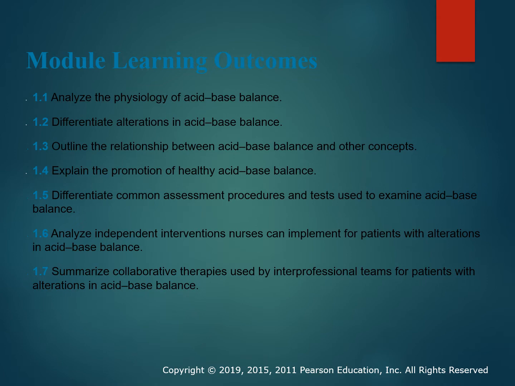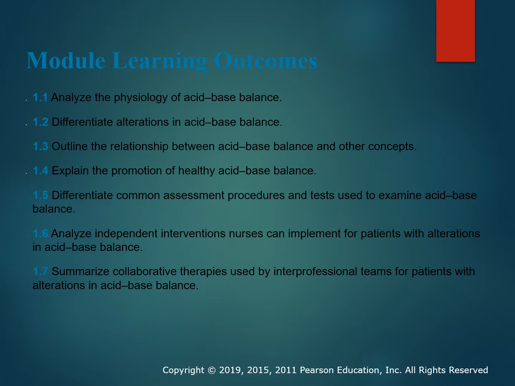You have respiratory acidosis and respiratory alkalosis, or you can have metabolic acidosis or alkalosis. We're going to look at the relationship between acid-base balance and other concepts. And again, there's a chart on page 9 that shows you the relation to the concepts of cognition, fluid and electrolytes, oxygenation, perfusion, and stress and coping.